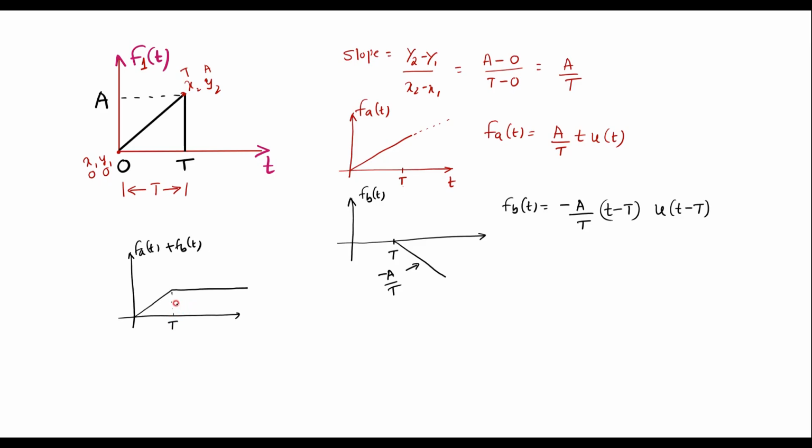It is T here. Now, according to this signal, at t equal to T the signal has become 0, but here the signal is continuing. So we need to make it 0.